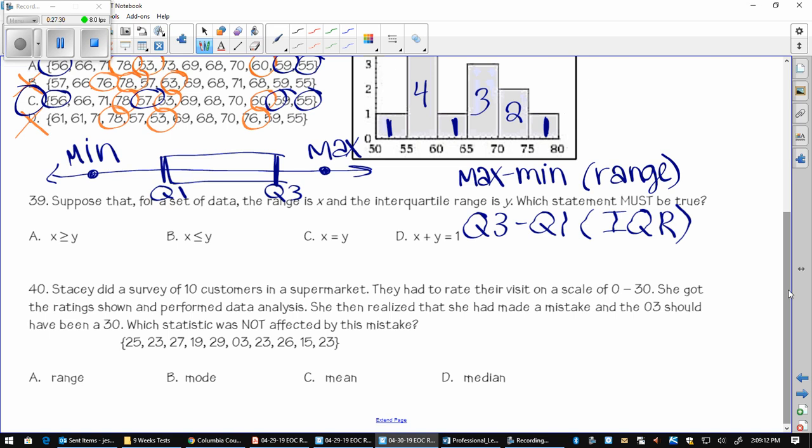The minimum and maximum are always going to go further on the number line. So that means that the range is always going to be a larger number than the interquartile range. The space between minimum and maximum is always going to be larger than the space between Q3 and Q1. So if my range is X and my IQR is Y, then it would make sense that X should always be larger than Y. So X should be greater than or equal to Y.